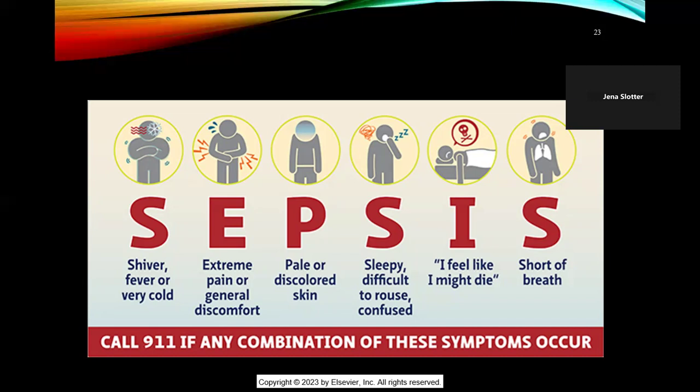Once again, here are pictures to help you remember. You may see shivering. You may see a patient feeling cold. They may have pain, they may not. A lot of times their skin is pale, or sometimes they'll have some kind of a rash. They're extra sleepy. Once again, there's that sense of impending doom, and then shortness of breath.